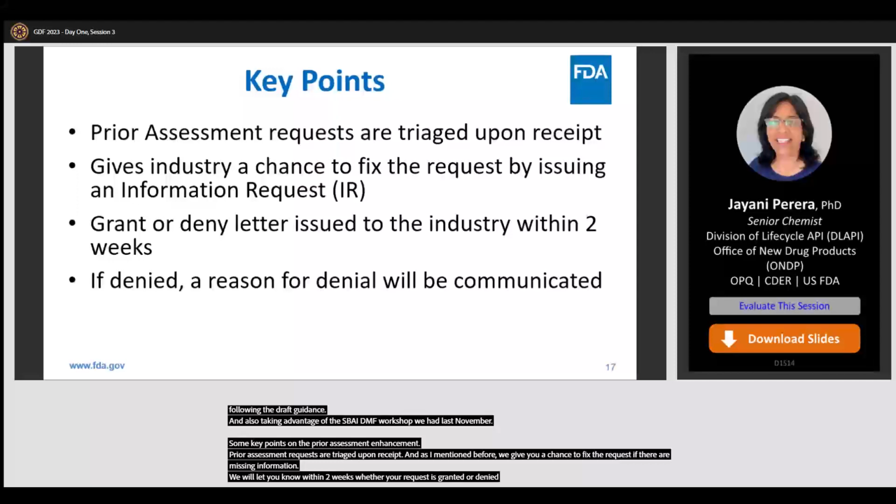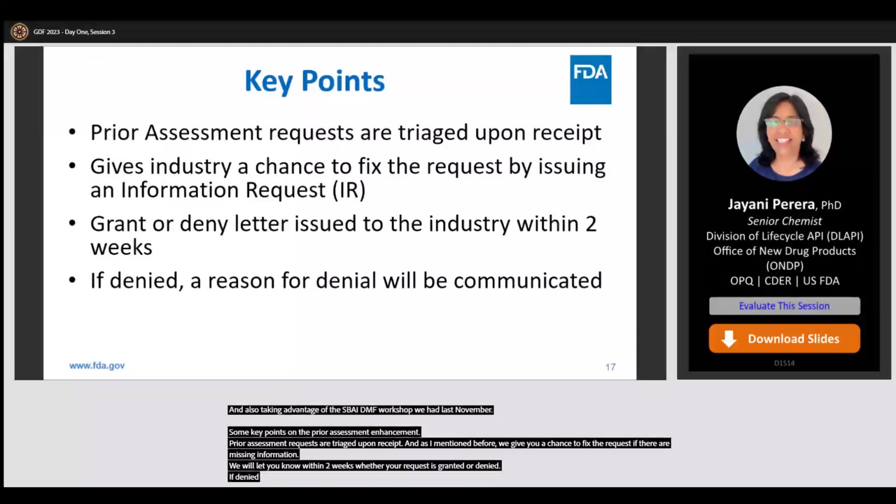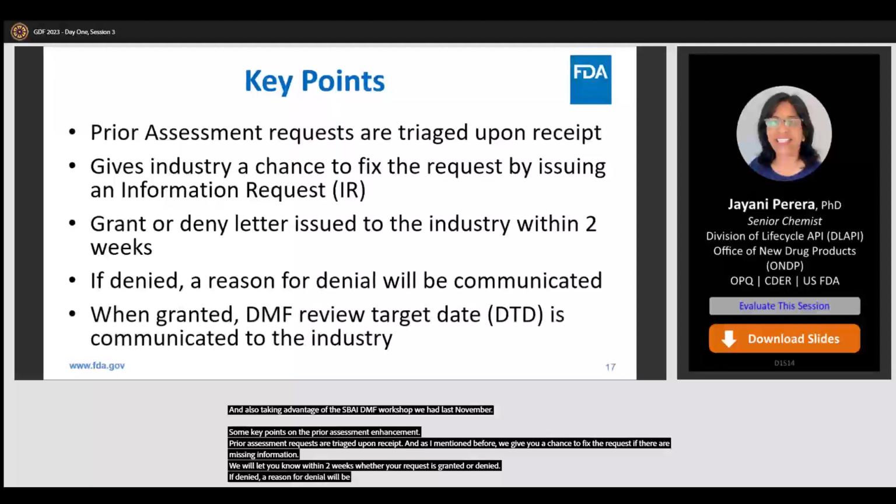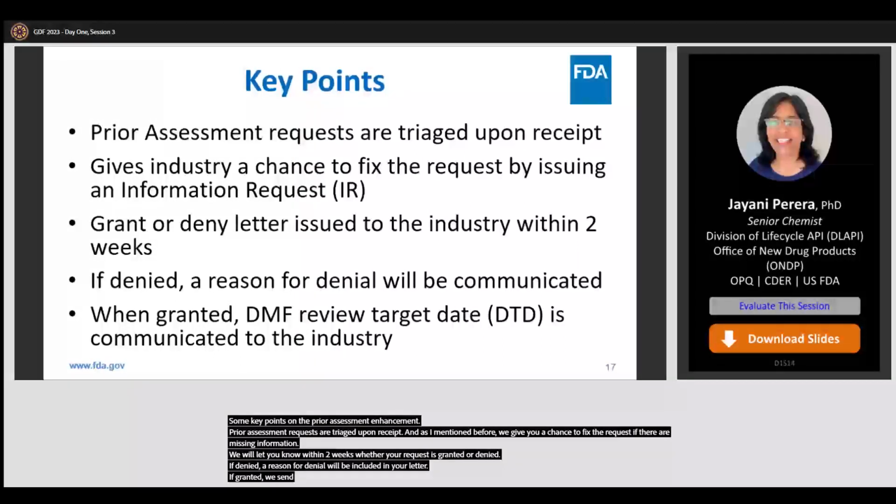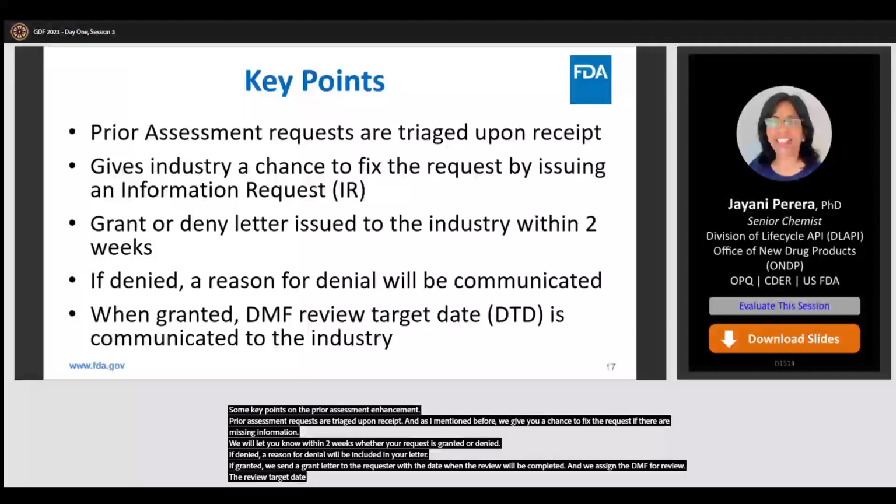If denied, a reason for denial will be included in your letter. If granted, we send a grant letter to the requester with the date when the review will be completed, and we assign the DMF for review. The review target date is set to the date you indicate in your request as the planned application submission date.